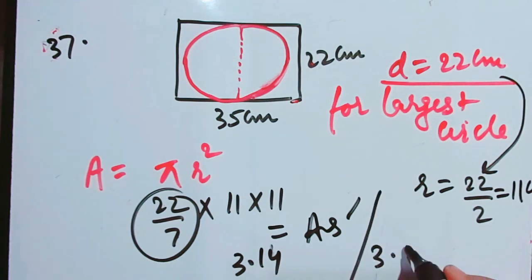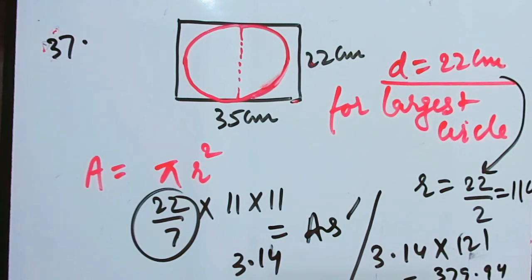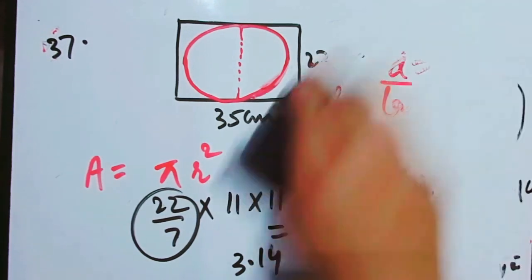You can multiply 3.14 into 11 into 11, that is 121, multiplied by 3.14, which will give you a value 379.94 centimeter square. However, let us move on to the next one.